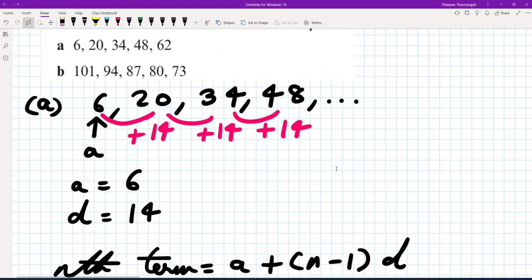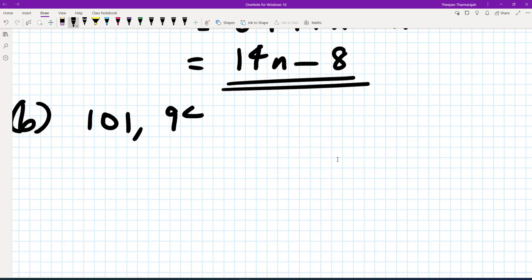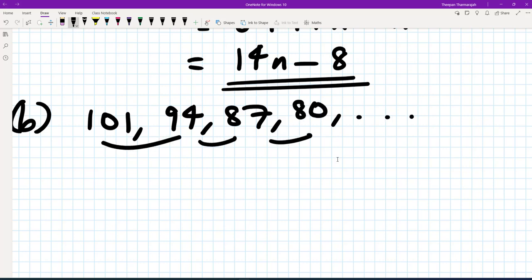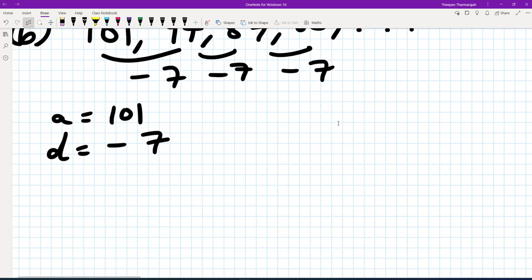Let's take the next example, B. We've got 101, 94, 87 and 80, and so on. Our common difference is minus 7 each time, and our first term is 101. Let's write the nth term down.